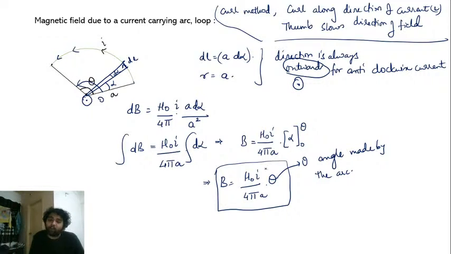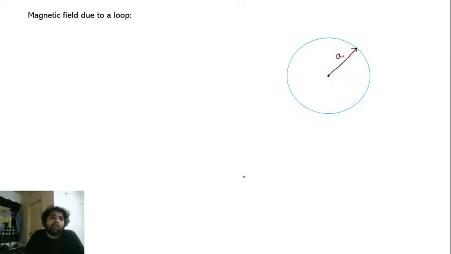All right, so this is a must formula. Why did I say it's a must formula? Because due to a loop, if you take a loop of side A, what is the total arc length of a loop? I won't even solve this problem, I'll just directly give you a formula. So here, if current is flowing in anti-clockwise direction, the field will be like this.